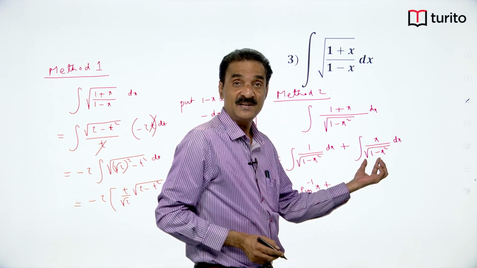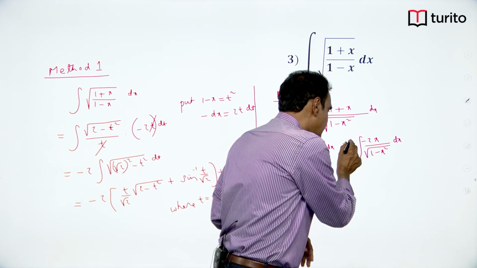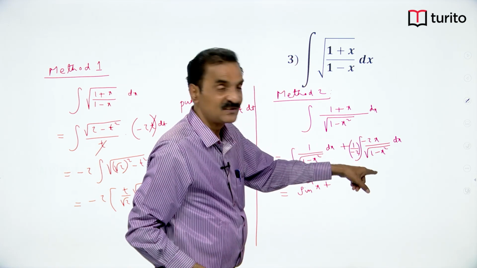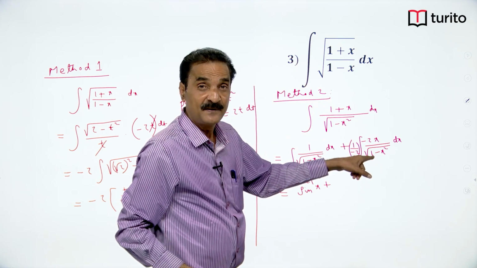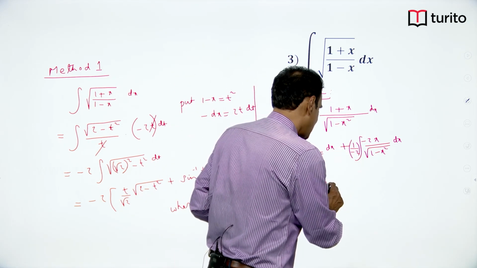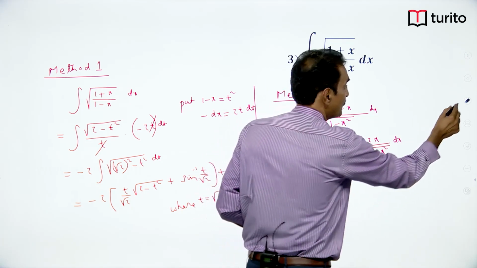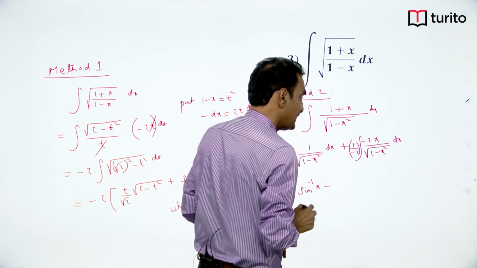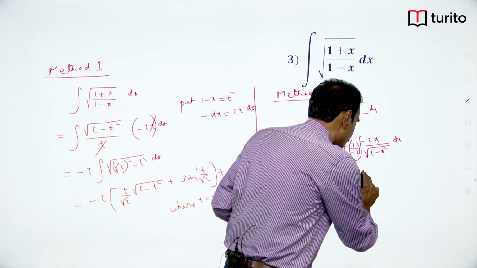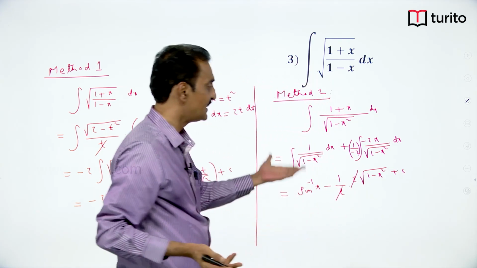Derivative of 1 minus x square is minus 2x. So, multiply by minus 2 here, divide by minus 2. Then it becomes f dash x by root f x. What is the integral of f dash x by root f x? We have the formula 2 root f x. Plus into minus, minus, it will be minus half into 2 root f x, which is 2 root 1 minus x square plus c. Cancel 2. That is the answer.